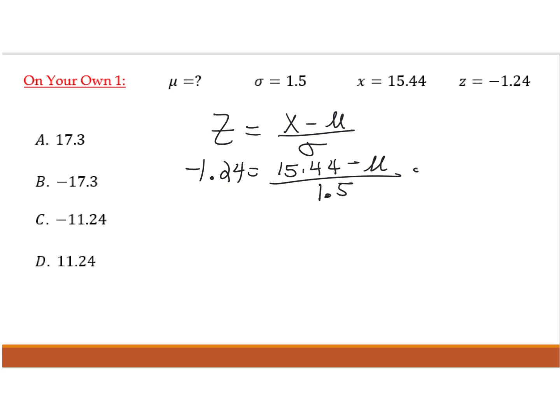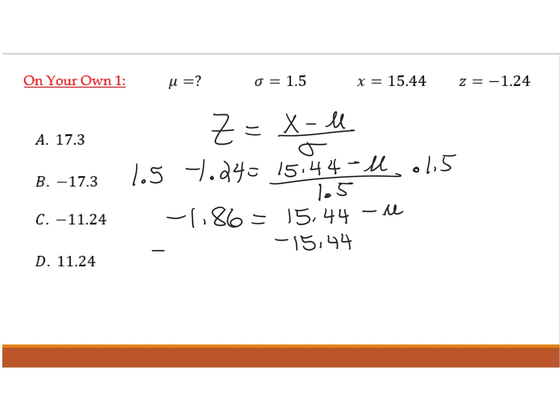The first thing that I'm going to do to solve this equation is to multiply both sides by 1.5. And when I do that, I get as an answer negative 1.86 is equal to 15.44 minus the mean. To solve this, I'm going to get rid of 15.44, subtracting that from both sides. And when I do that, on the right side, I'm going to get negative mu.